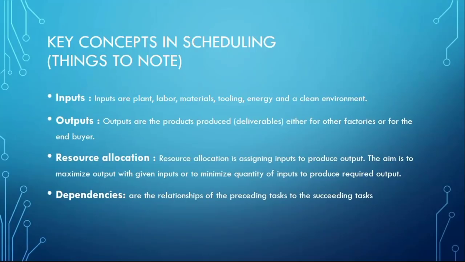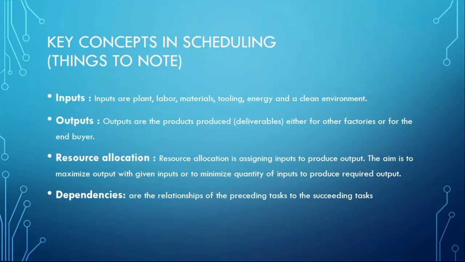The inputs include your raw materials, the labor, which is the human resources, the equipment, the energy, which is light or generator, the clean environment, all those things that you first of all put together before you start that production process. Those are referred to as input. So in scheduling, you need to pay attention to these inputs. As we proceed in this class, I will show you why those inputs are very necessary in scheduling the project.